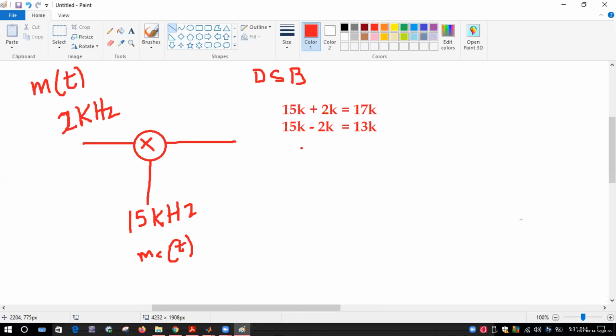When you put this in the frequency domain representation, you see one sideband here and one sideband here. If this is your carrier at 15, plus 2 means 17, minus 2 means 13.